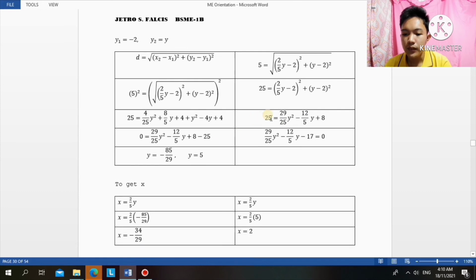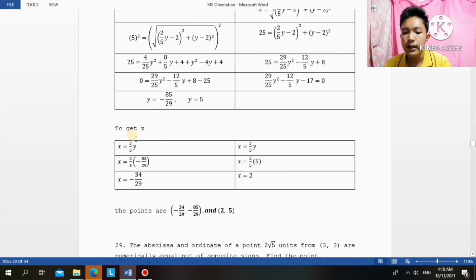So transpose 25 from the left to the right, it will become negative 25. So 0 is equal to 29 over 25 y squared minus 12 over 5 y plus 8 minus 25. So 8 minus 25 will become negative 17. So factor to get the value of y. So the values of y are negative 85 over 29 and y is equal to 5.